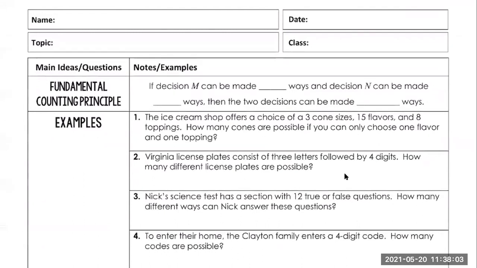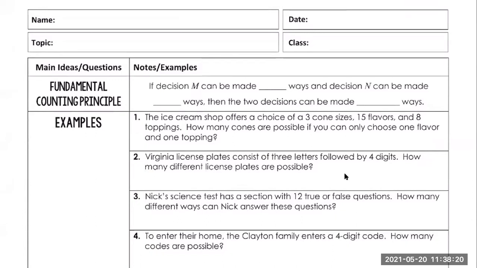So the video that you're going to watch or that you have watched was on the fundamental counting principle, and this idea of coming up with all the possible options when you're given a different number of ways of making a certain event happen.